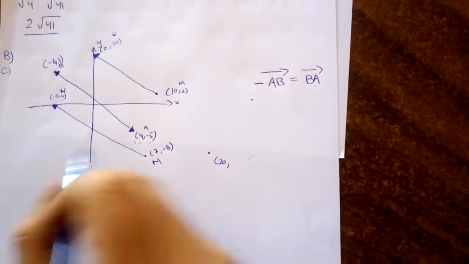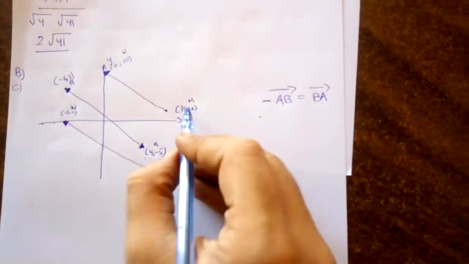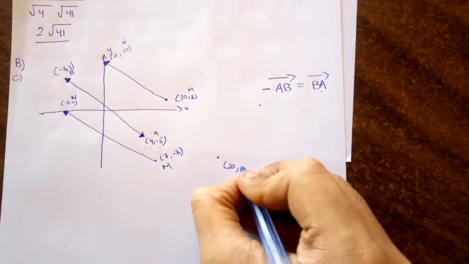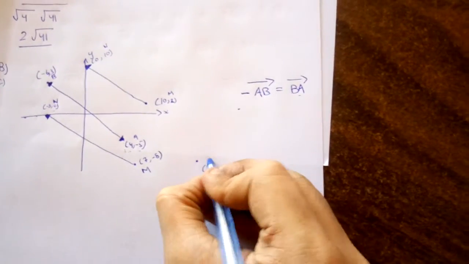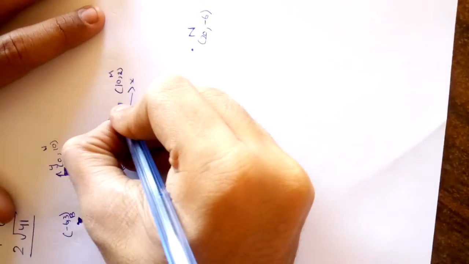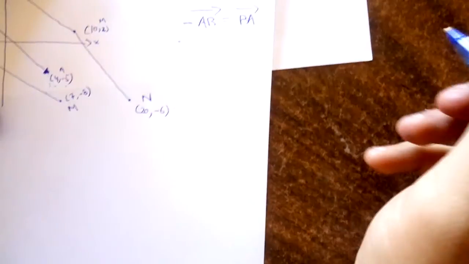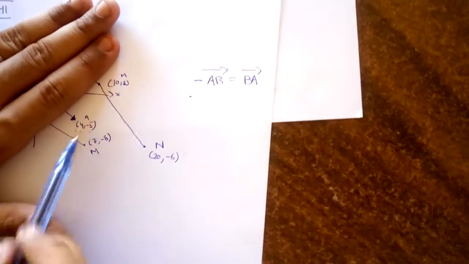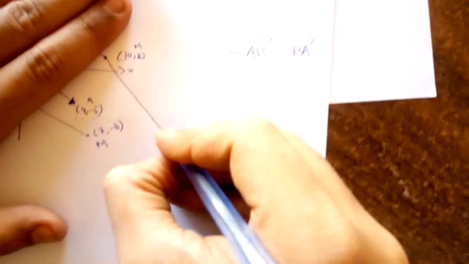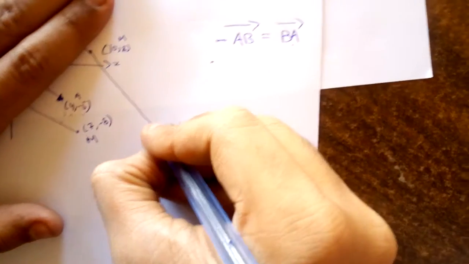So if you're deducting negative 8 from 2, you will get negative 6. This will be the new N. Forget this one, this is the new one when you are repeating, and the head will be this side.